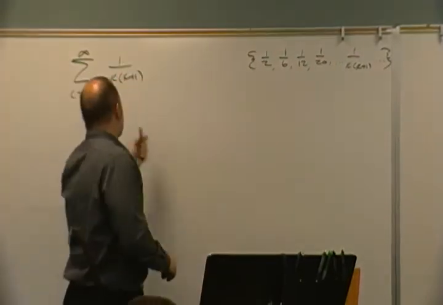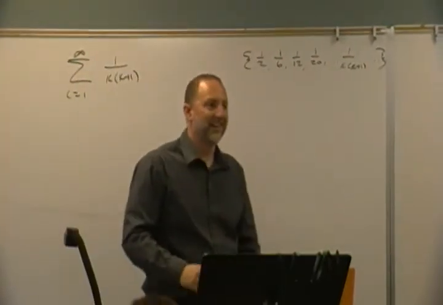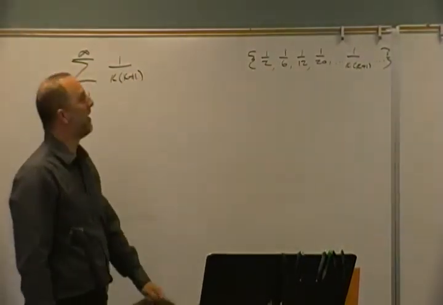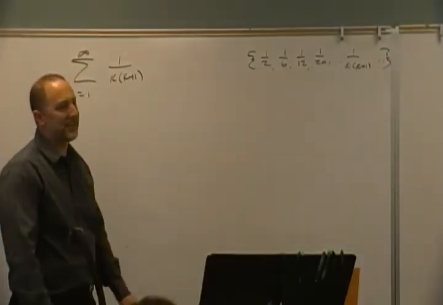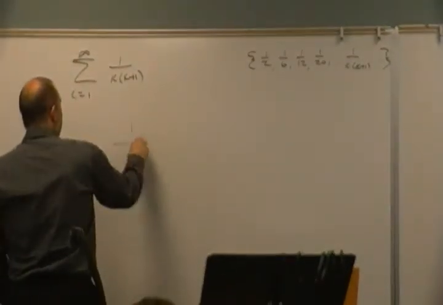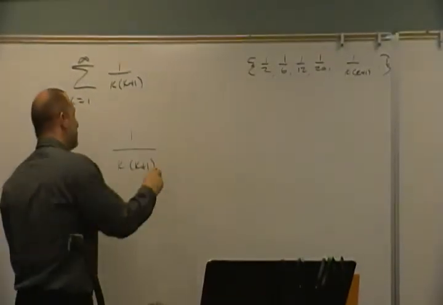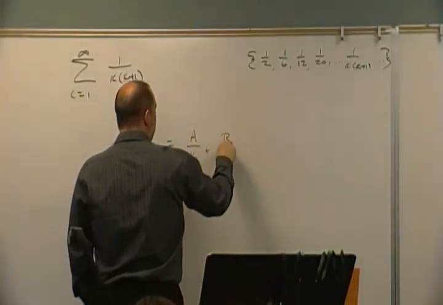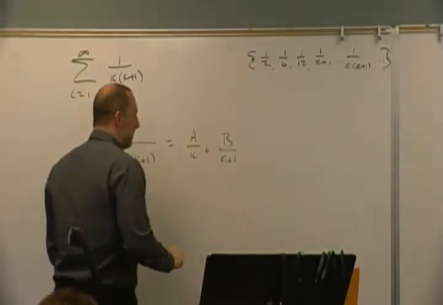Who would like to decompose this for me? That's a nice face, Em. We are going to do fraction decomposition on this. So I have 1 over k times k plus 1, and this equals A over k plus B over k plus 1.